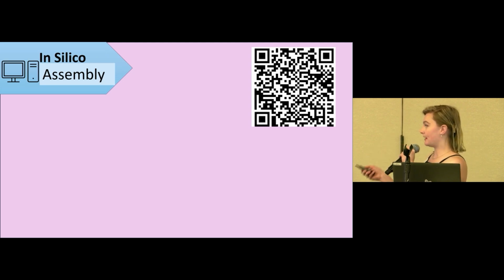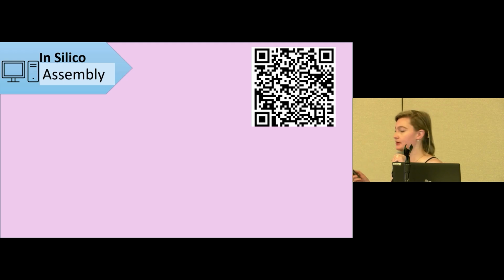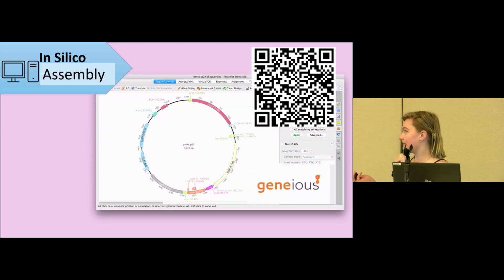Now I'm going to talk a little bit about the in silico assembly. So, once you have all of your components identified, you are going to need to stitch them together on your computer before you start putting them together in the lab bench. So you need to visualize this and make sure that it's all going to work out. There's some software that's available to you. I recommend Geneious Prime. This is a really great resource if you can afford it.